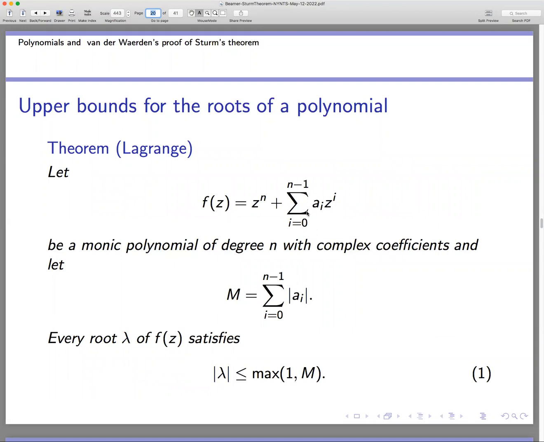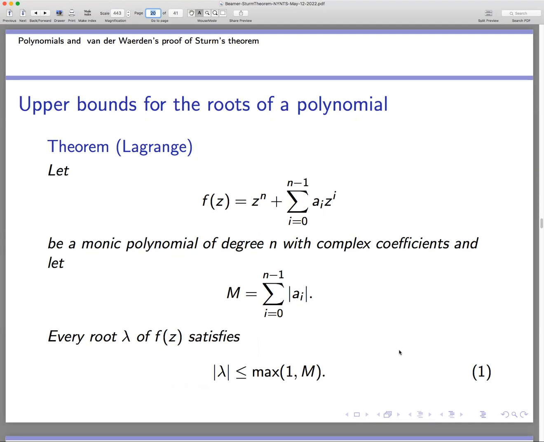If you take any monic polynomial with real or complex coefficients, and let m be the sum of the absolute values of the coefficients of all the terms other than the monic term, then every root is either less than 1 or else bounded by this number m. It's less than or equal to the max of the two.